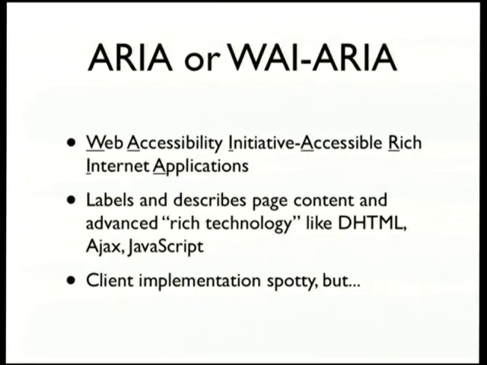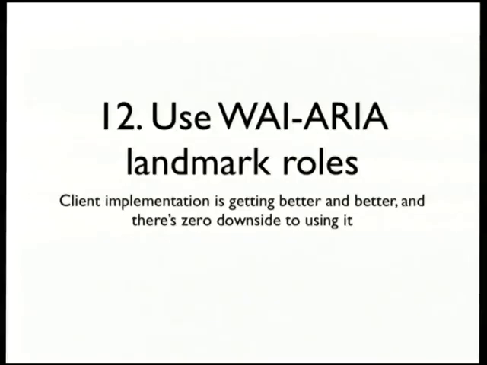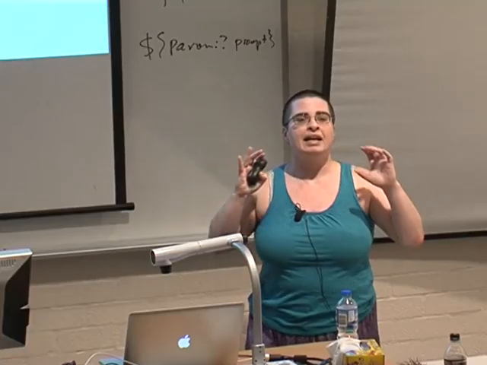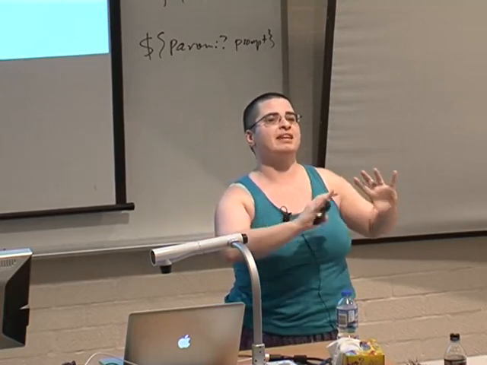Except, how do we make these accessible? And the answer to that is, why ARIA landmark roles? Okay, ARIA, why ARIA? It is a way of essentially saying to the user agent, this bit of HTML is serving this function.